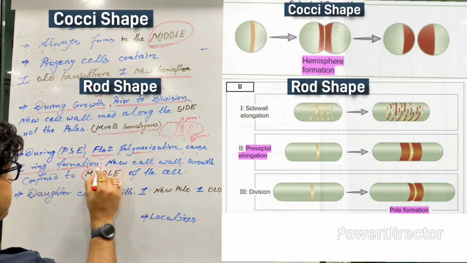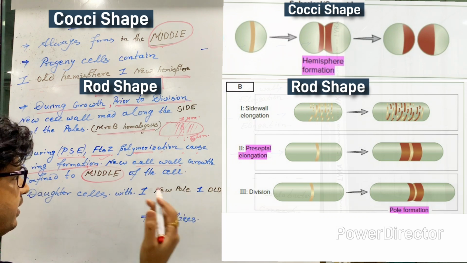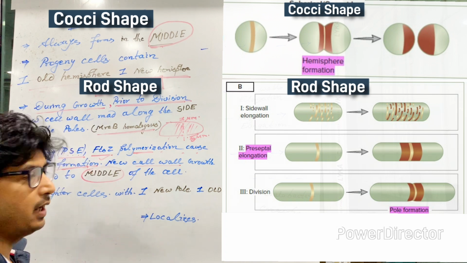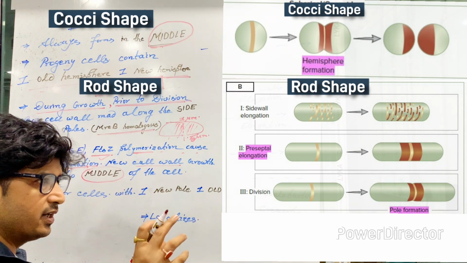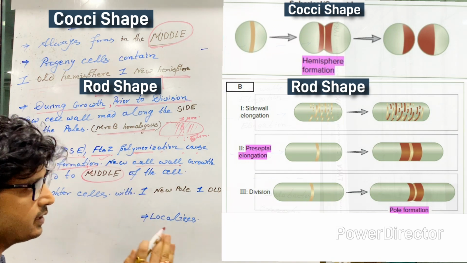Now this enlarged cell from the pre-septal elongation will go for division, or cytokinesis, or cell wall formation. What will happen along the Z-ring? When it accumulates, the Z-ring formed, septum formation will start and it will divide the cell from the middle.